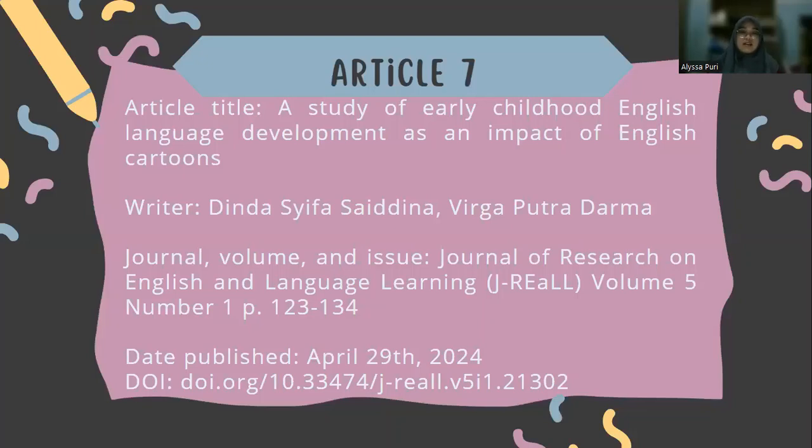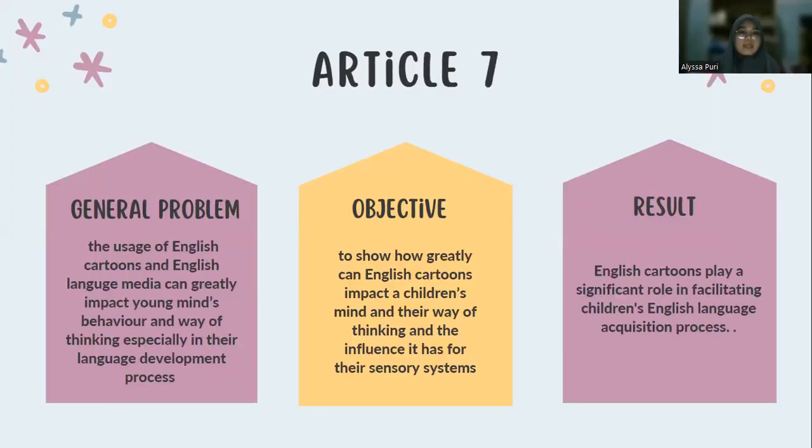Next, Article 7, titled A Study of Early Childhood English Language Development as an Impact of English Cartoons. Now, the general problem of Article 7 is that the usage of English cartoons and English language media can greatly impact young minds' behavior and way of thinking, especially in their language development process.